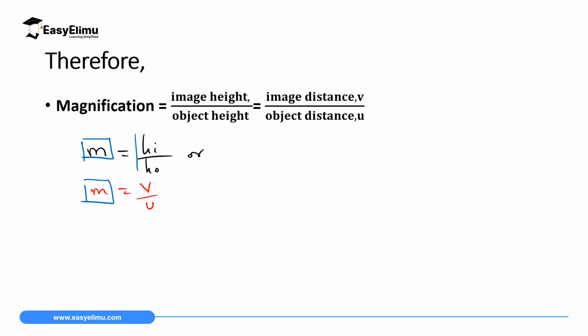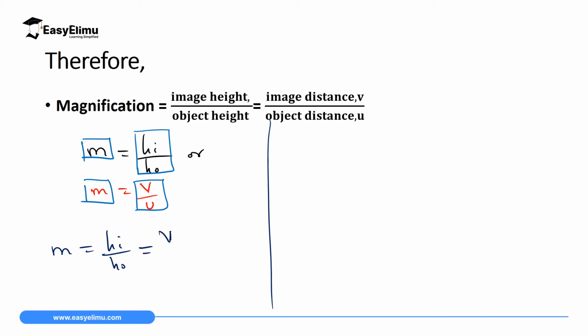Then it means image height to object height is the same as image distance to object distance.